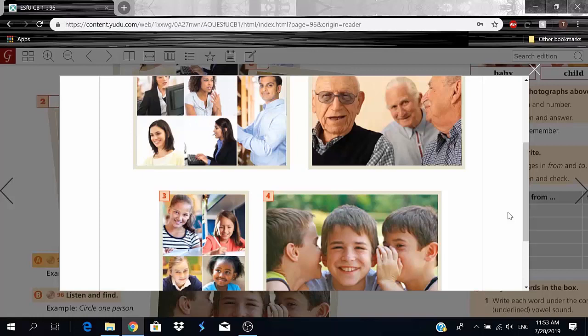Boys, girls, men, women, children, adults, females, males, friends.